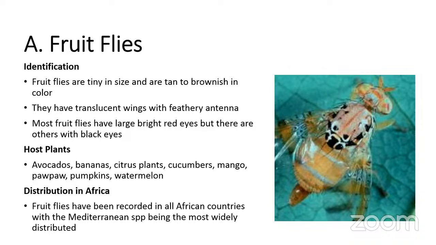Let's start with the fruit flies. It's not by coincidence that this pest has been listed as number 1. This is the major pest in avocado production. And we have to note that the fruit fly is actually a quarantine pest. Any country which has fruit flies will not be allowed to export to certain countries.